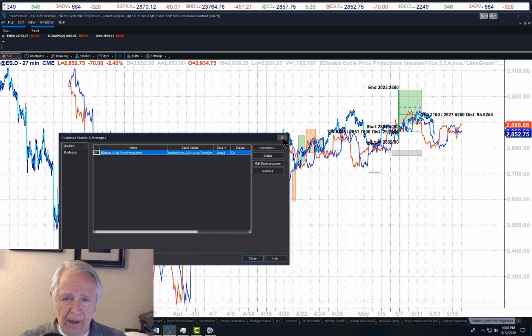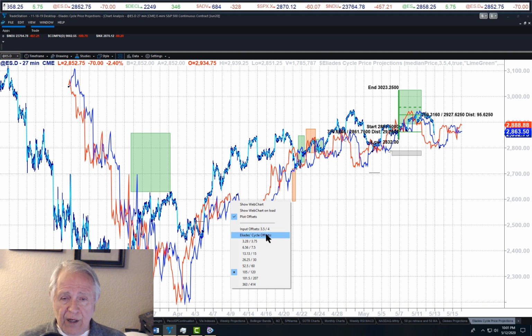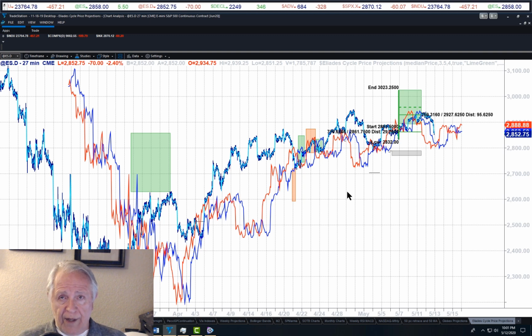But when you bring up different time signatures, you will automatically get the corresponding offsets for those time signatures that you can switch to back and forth, up and down, however you want to go, however you want to look. It will not change the original inputs that you do for the parameters, but it will change the offsets, and that's all you're interested in when you're doing the analysis.